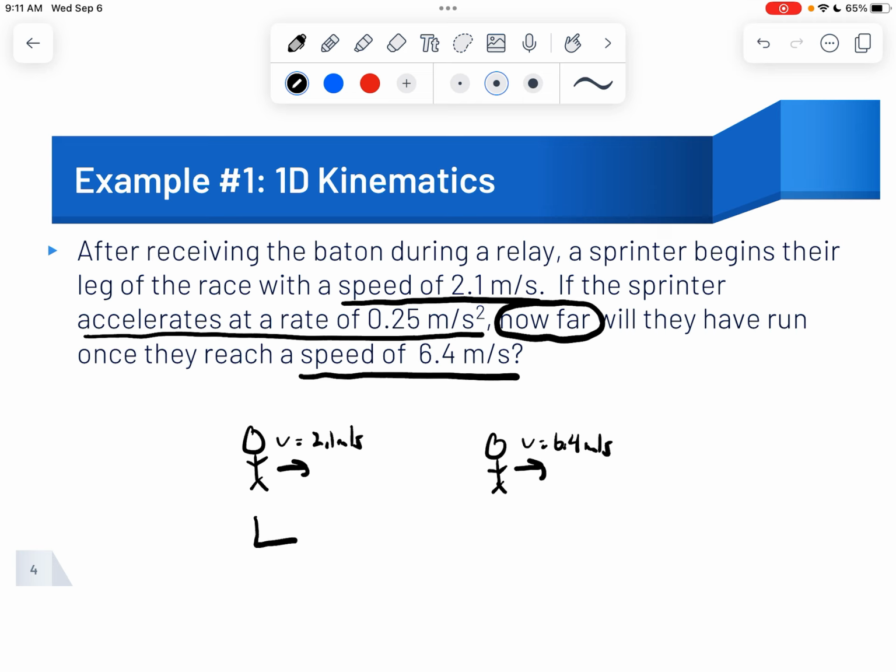Ultimately, our job is to figure out the distance the person travels. So I'll call their starting position an x-coordinate of 0. That way, wherever they end up, that final position is going to tell us the distance they've traveled.